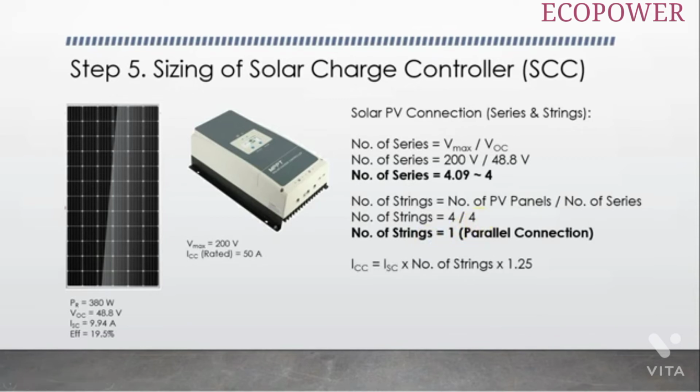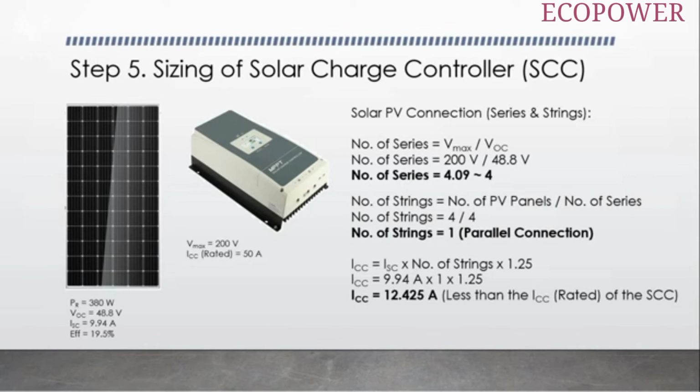Next, we will compute the charging current of our solar charge controller. This value depends on the amount of current produced by our solar panel array. To compute this, we multiply the short circuit current of our solar panel, which is 9.94 amps, by the number of strings which we have calculated, which is 1, and multiply that by 1.25 as a buffer.